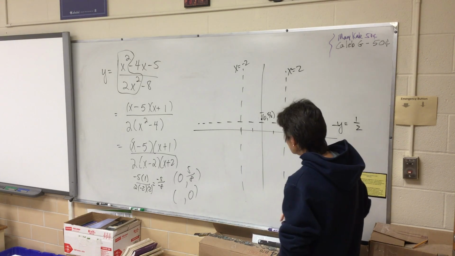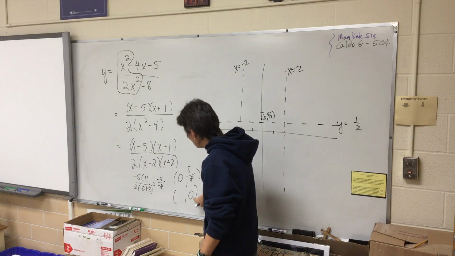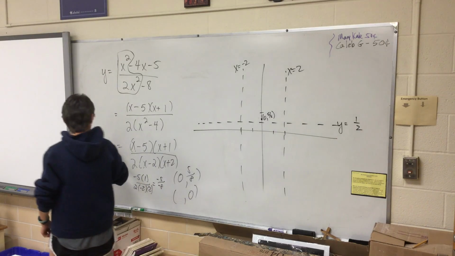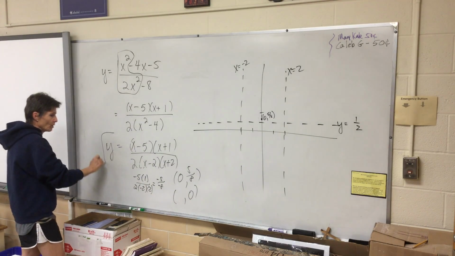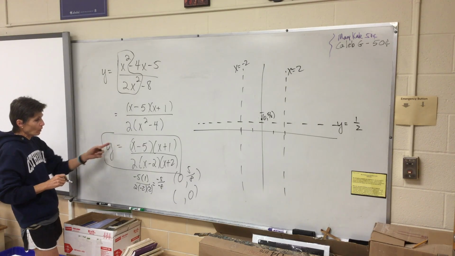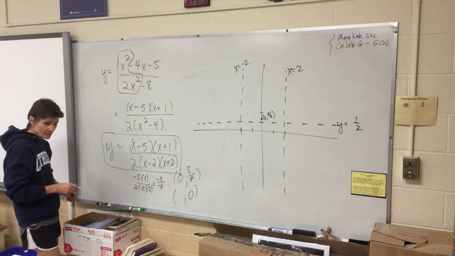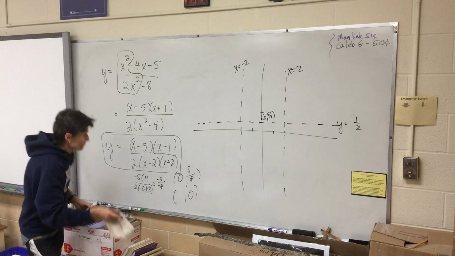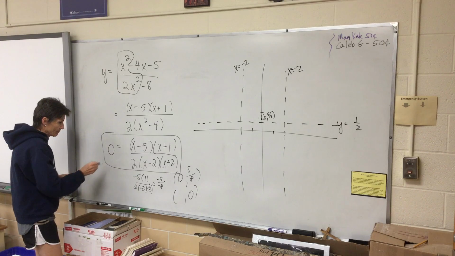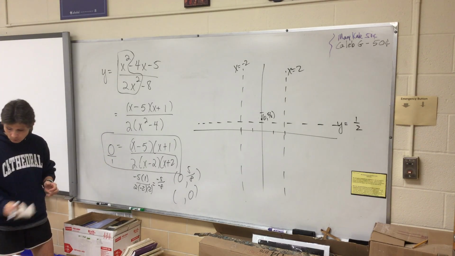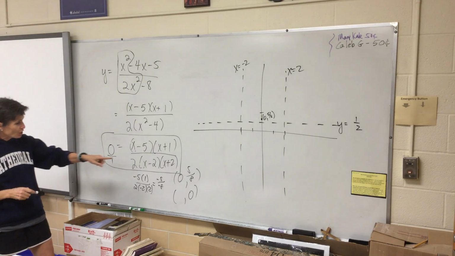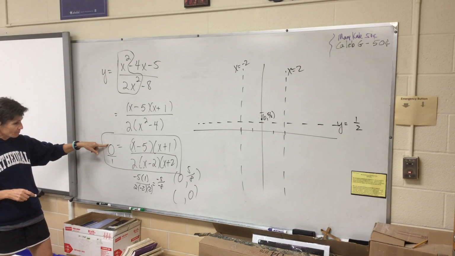All right, now I need to let y be 0. So remember, in the original problem, this is my factored form. What the thing equals, y equals. So now I'm going to put a 0 in here. I like to think of that as 0/1, so I don't get freaked out. I'm just going to cross multiply.